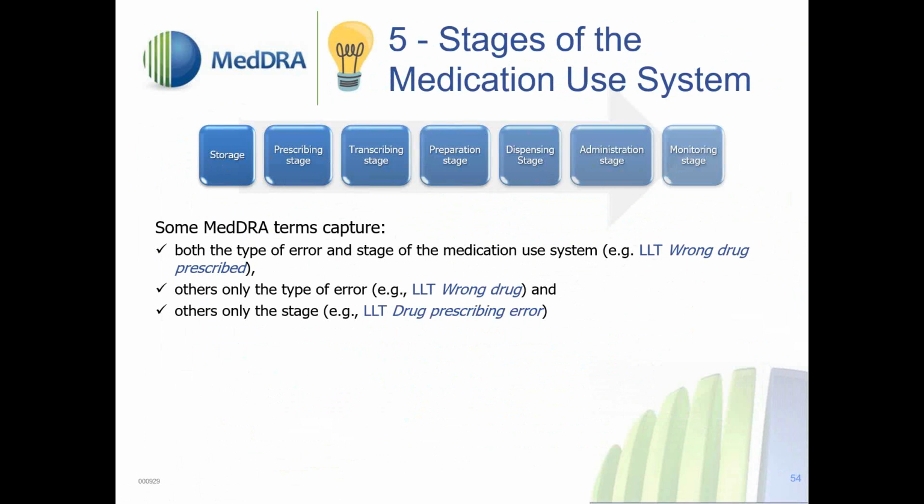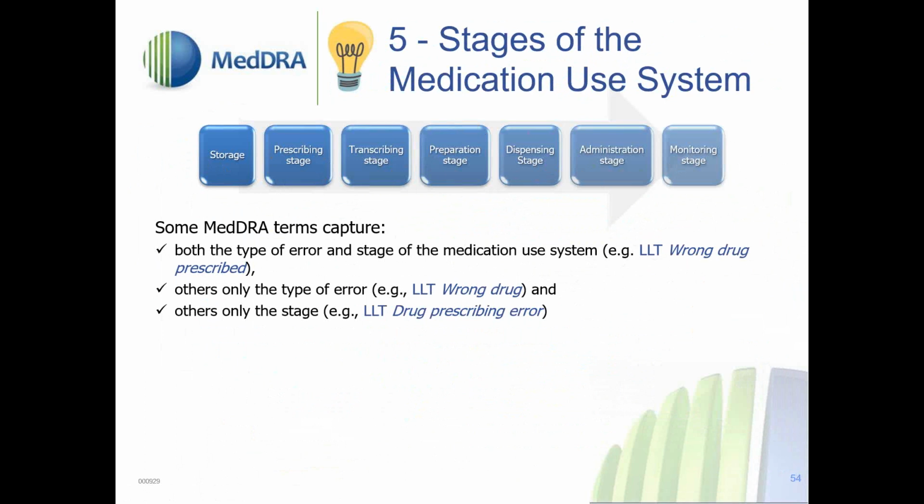Others only capture the type of error, like LLT wrong drug or LLT wrong dose. So if the stage where this error occurred is unknown, you can just select the LLTs for the type of error. And others capture the stage only, like LLT drug prescribing error or LLT drug dispensing error.